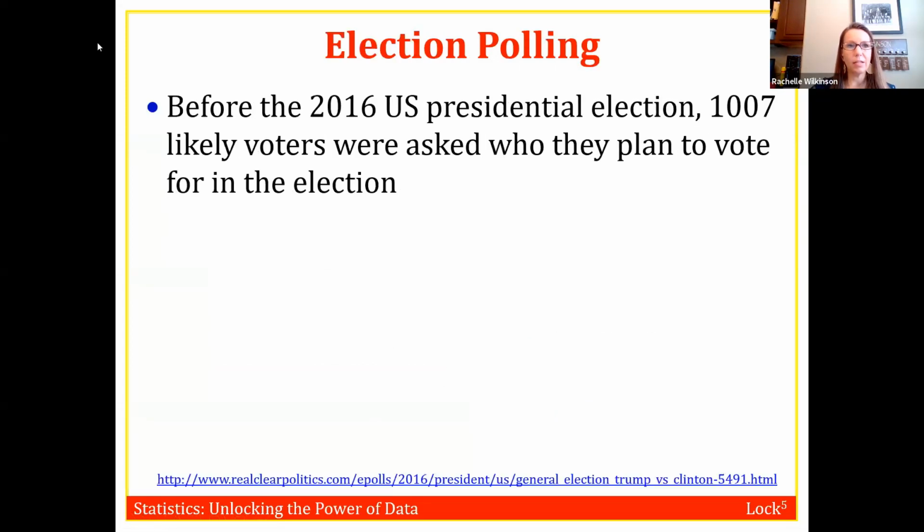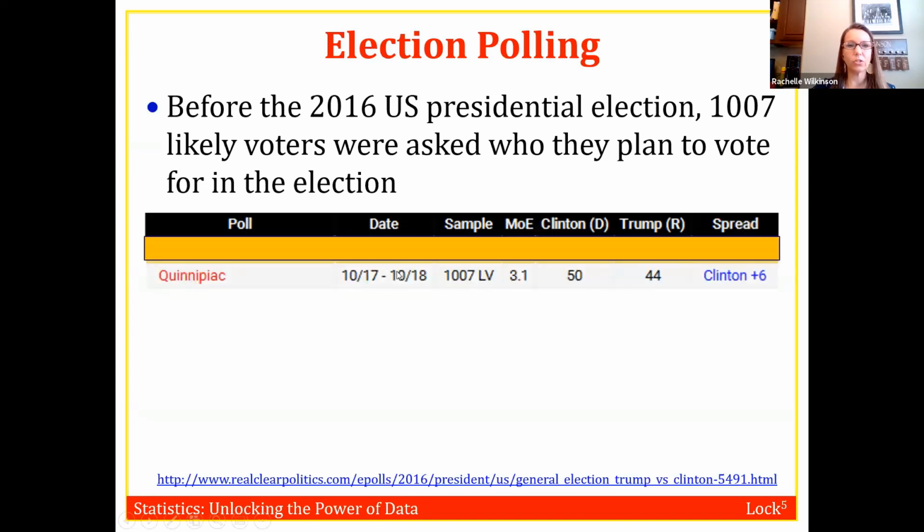This is a survey that was done before the last presidential election. So in 2016, they did a survey where they asked 1,007 likely voters who they plan to vote for in the election. So this is the result of that survey. The survey was done by Quinnipiac, whoever they are, and it was done in mid-October in 2016.